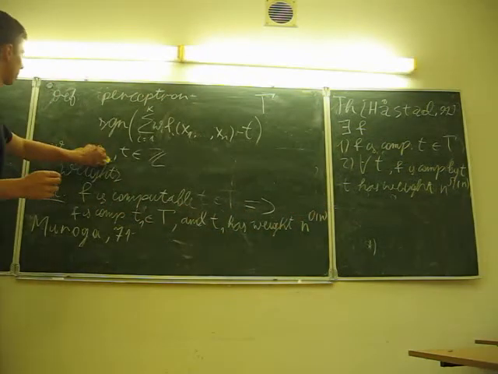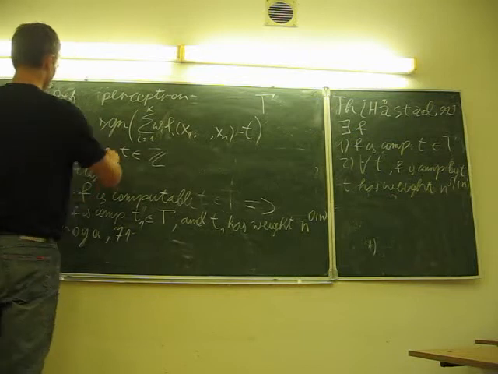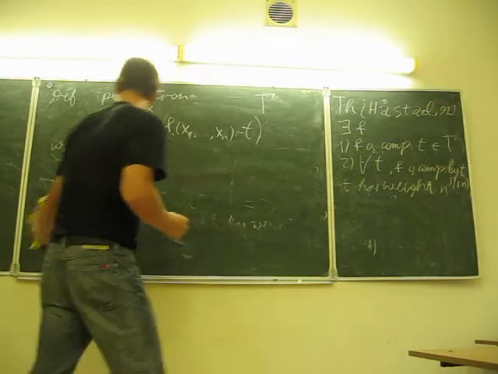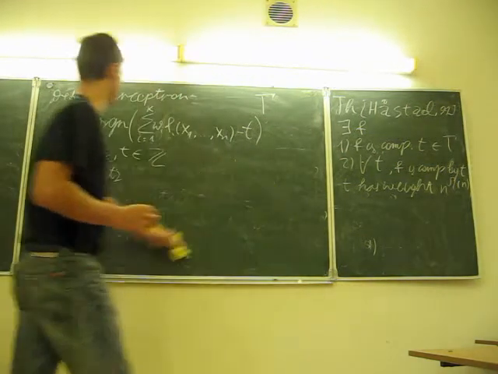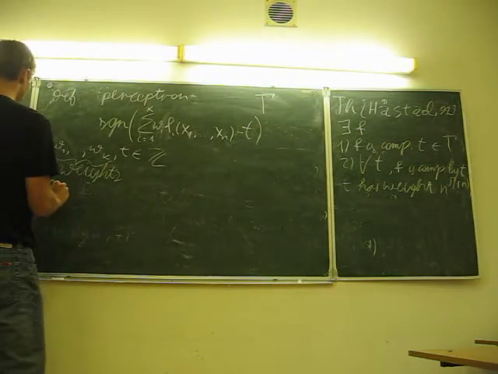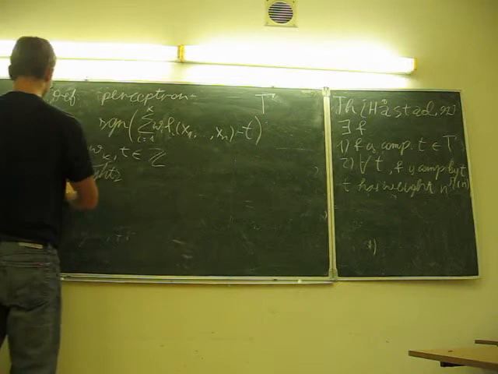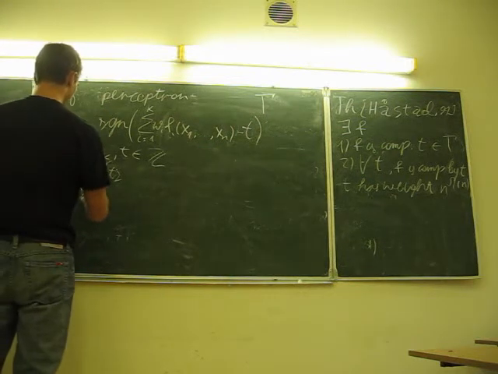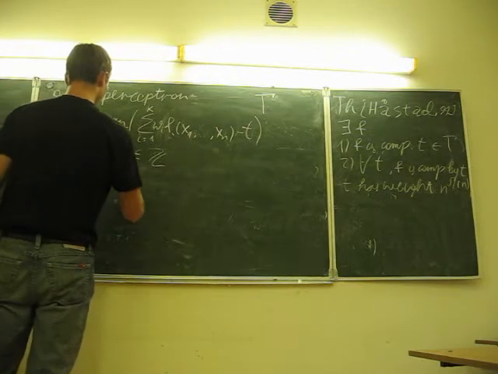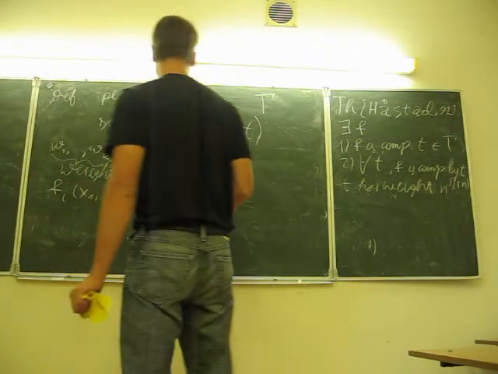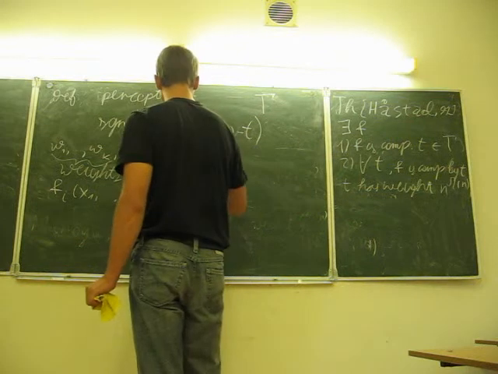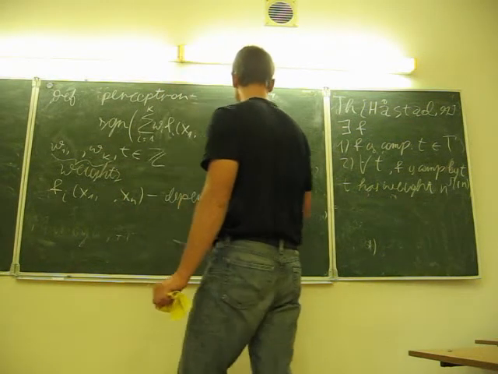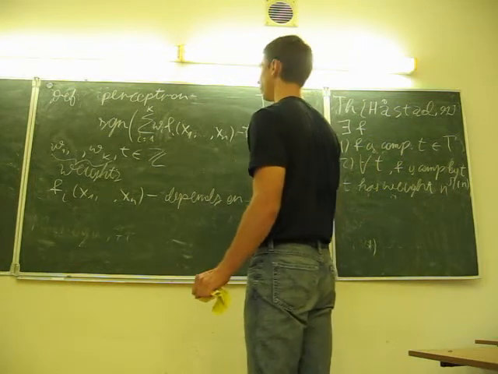The W's and T are still integers, and each f is a Boolean function dependent on at most d variables.